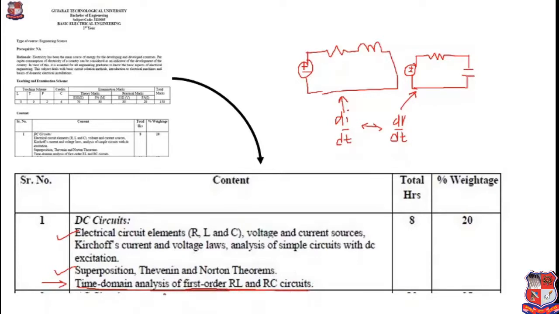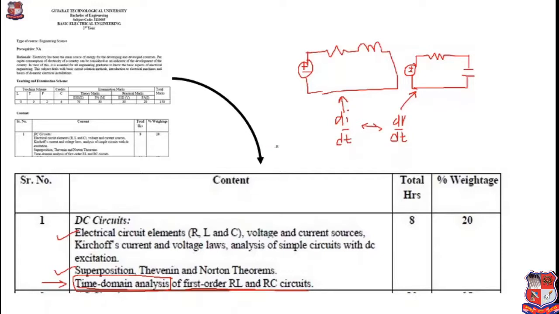Now we will be studying the time domain analysis. So what is the time domain analysis? Time domain analysis is the analysis of an RL and RC circuit with the time constant that is involved when the circuit is excited with a DC source. Then RL and RC takes some time to reach its maximum value, either current or voltage.